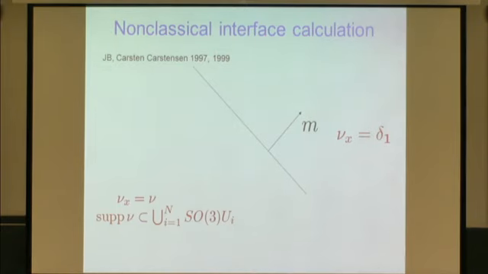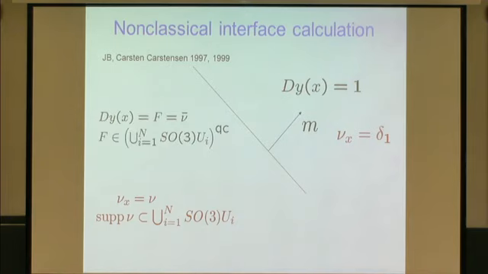So here you had the gradient Young measure in the austenite. Over here, we looked for a gradient Young measure that didn't depend on x, which was supported in the martensite wells. And so up here, the macroscopic deformation gradient, the weak limit, is the identity. Down here, it's the center of mass of this gradient Young measure, and that belongs to the quasi-convexification of the set of martensitic energy wells.